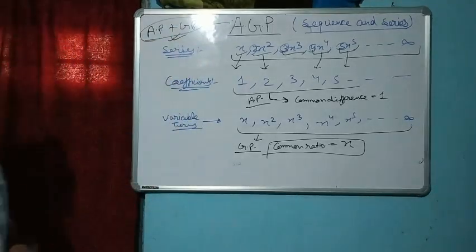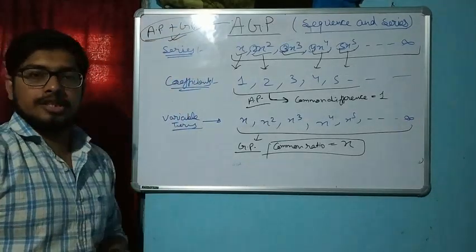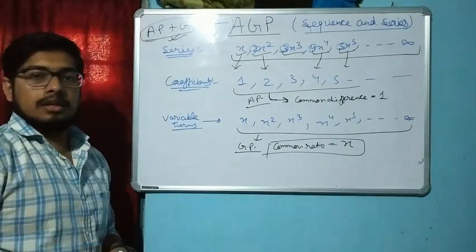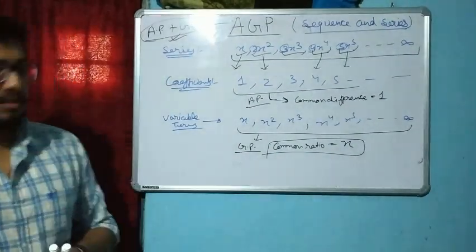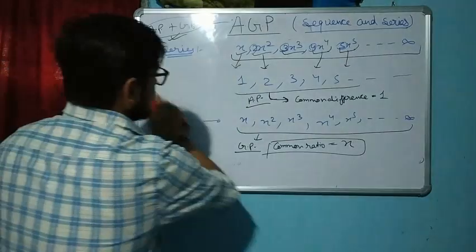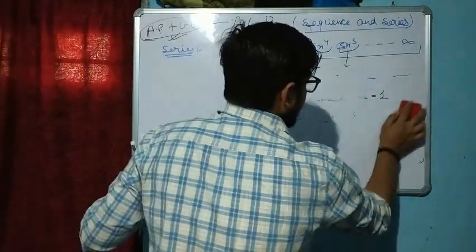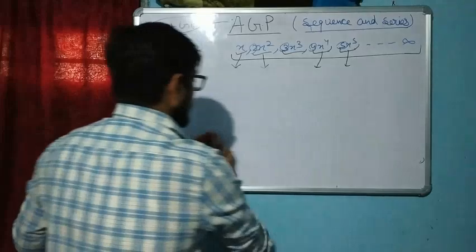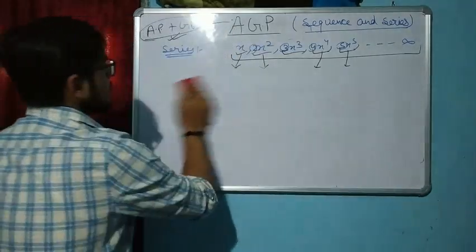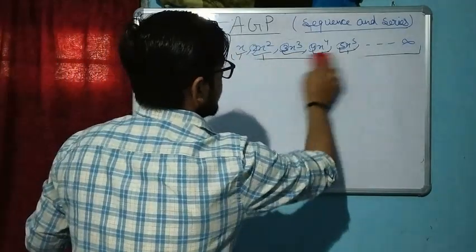So this is AGP. Now how to find the summation of this type of series? Let us try to understand the concept. I will explain a few steps that you need to follow in order to find the summation of this type of series, which is AGP.